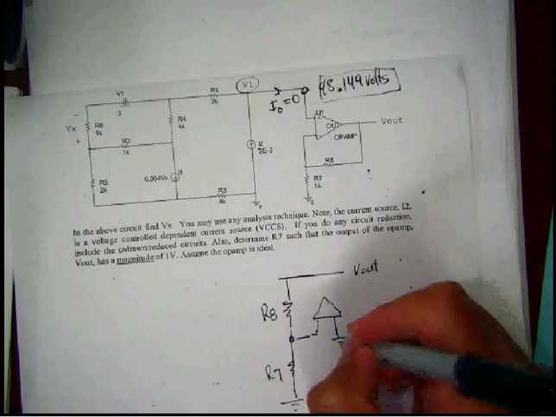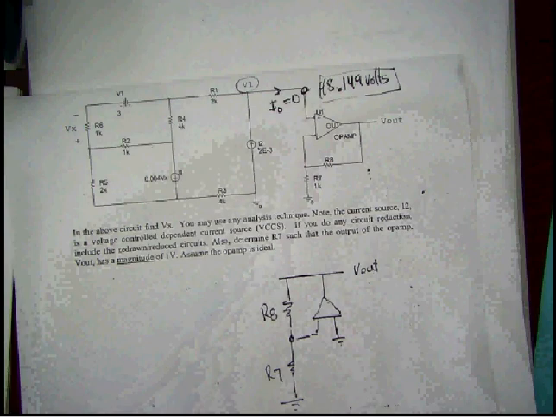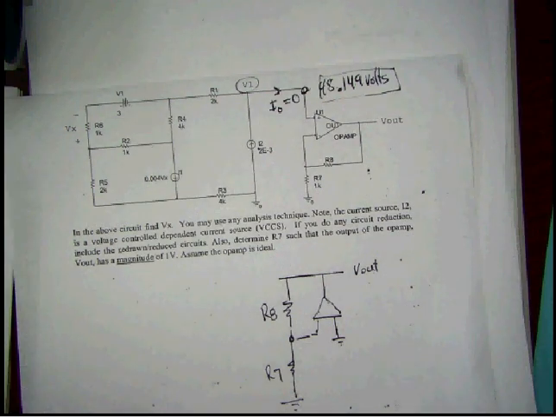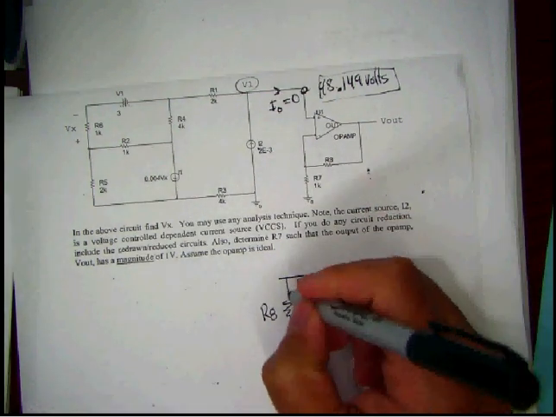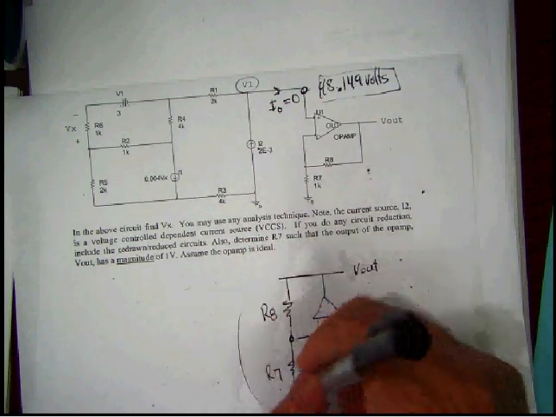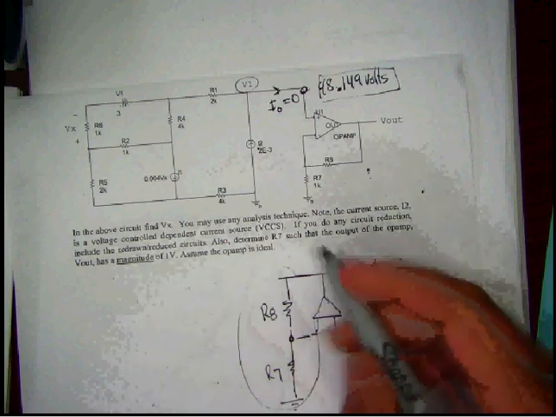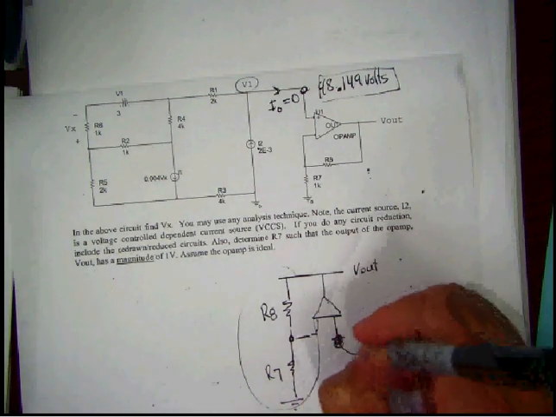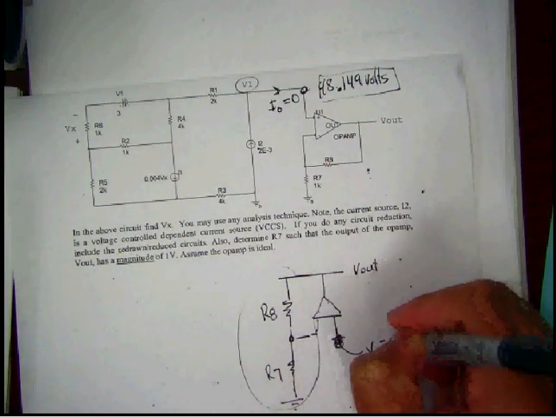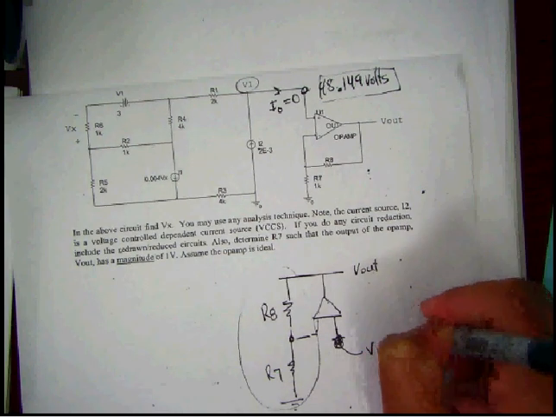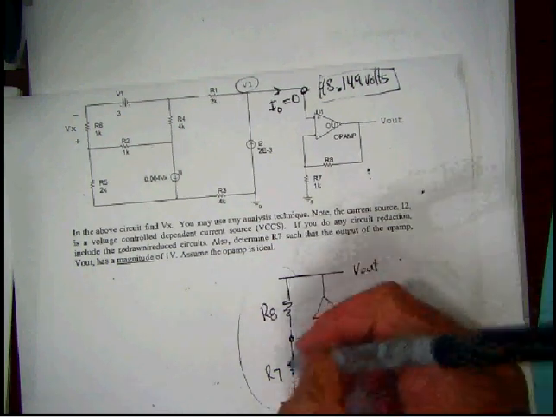And this is at ground as well. So what's happening here is we've created a voltage divider. Actually, this is not a ground, excuse me. This is where our V1 equal to 48.149 volts is. We've created a voltage divider.